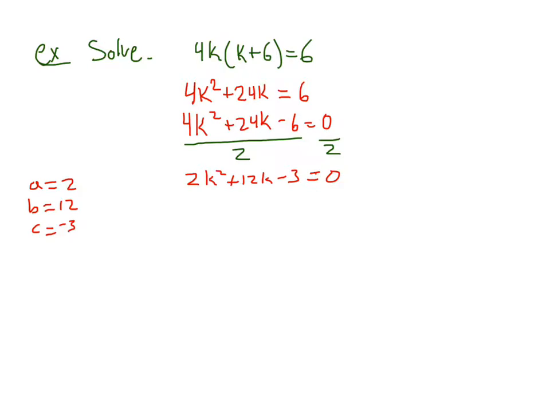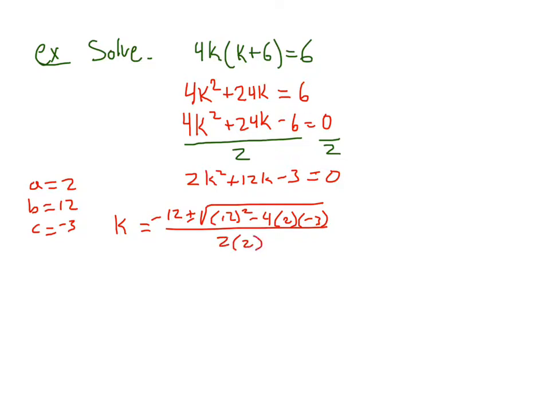So we do our quadratic formula, in this case k equals negative B plus or minus the square root of B squared minus 4AC, all over 2A. And then we just clean it up. So we get negative 12 plus or minus the square root.